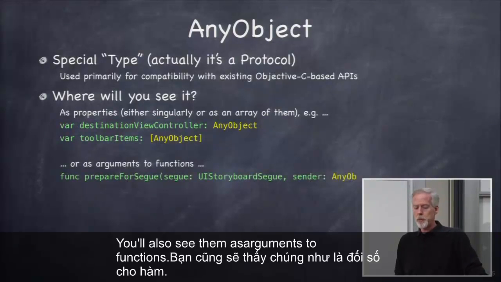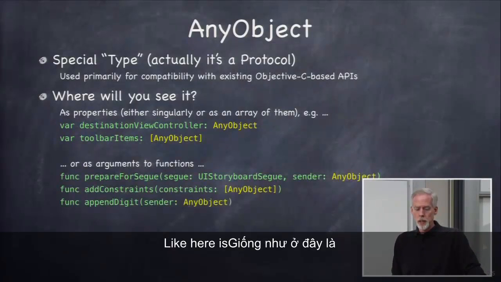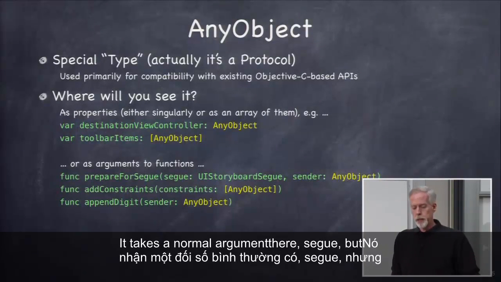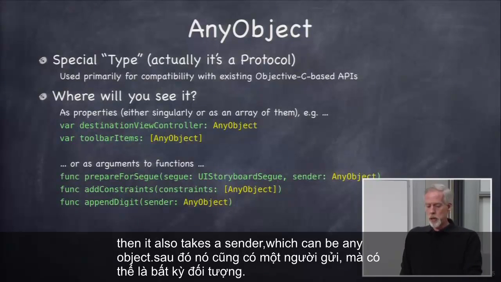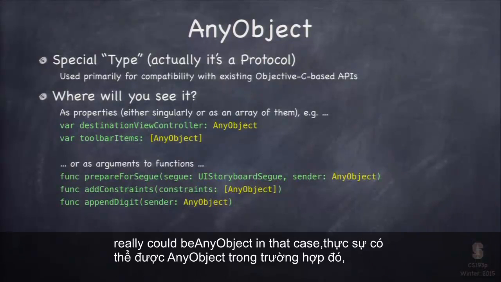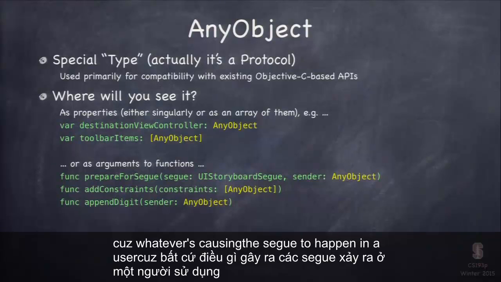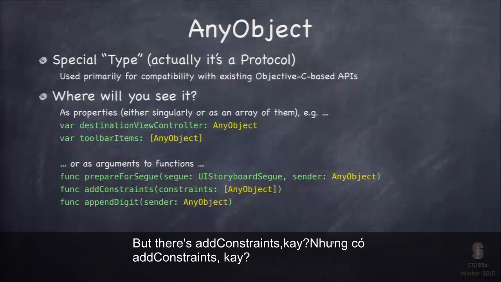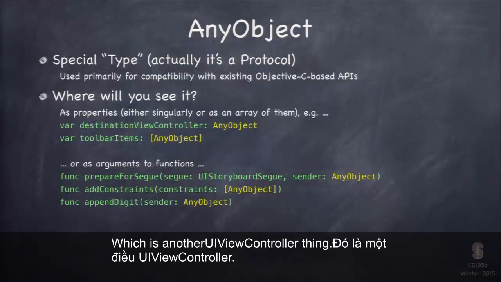You'll also see them as arguments to functions. Like here's a UIViewController method prepareForSegue. It takes a normal argument there, segue, but then it also takes a sender, which can be AnyObject. Now in that case, it kind of makes sense because it really could be any object, because whatever's causing the segue to happen in your user interface could be any object, so it would make some sense. But there's addConstraints, okay, which is another UIView thing.